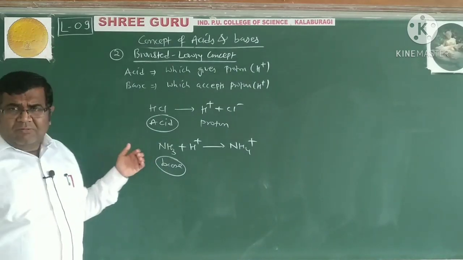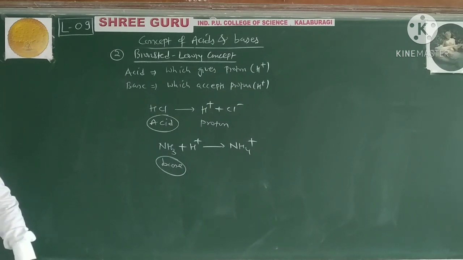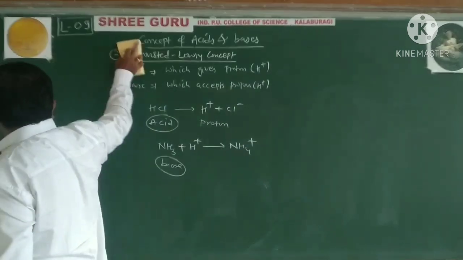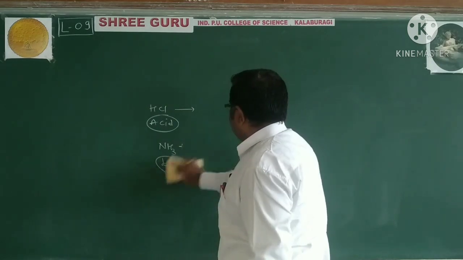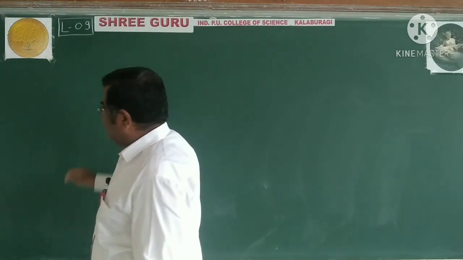Now, according to this concept, which is the proton-based concept, if we take the example like NH3 plus H2O, see what is the difference between the previous concepts and this concept.